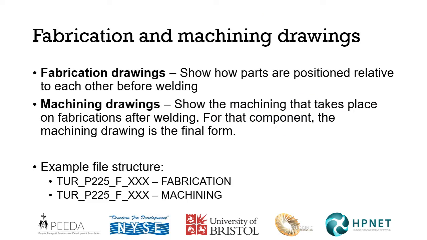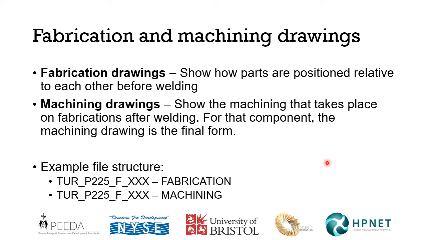So fabrication and machining drawings are another type. Fabrication drawings show how parts are positioned relative to each other before welding, and then machining drawings usually take the same collection of components shown in a fabrication drawing and then indicate how they will be machined to reach their final form.